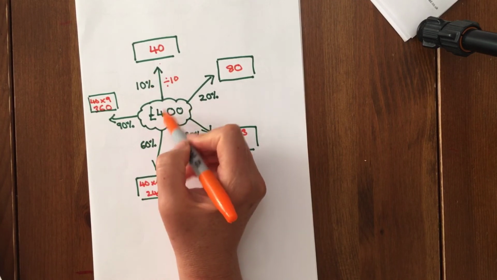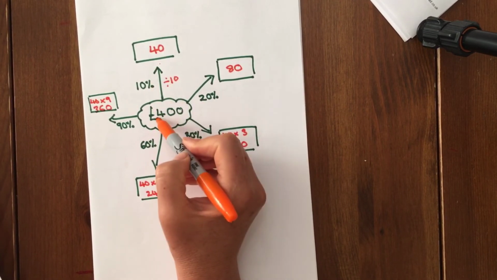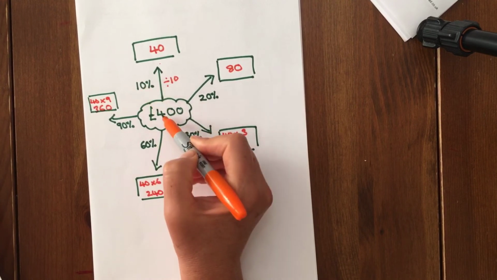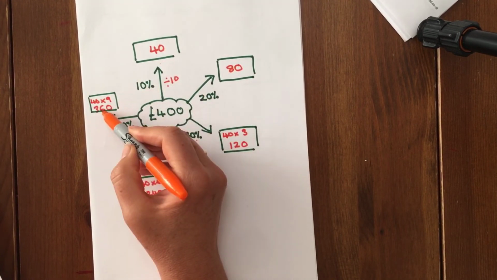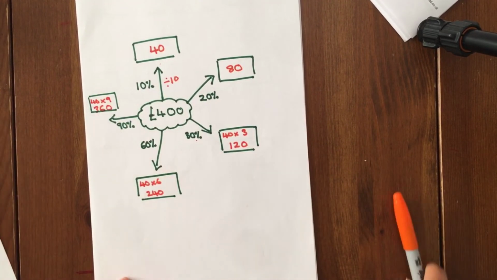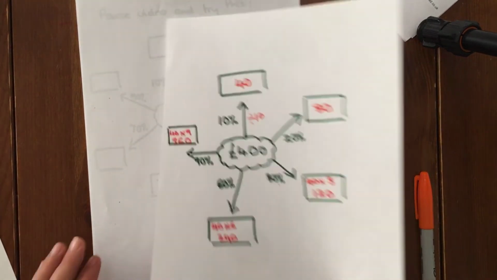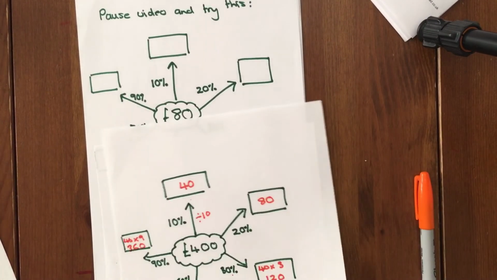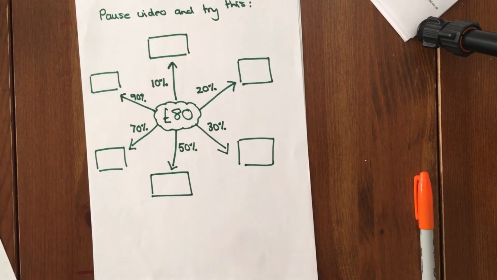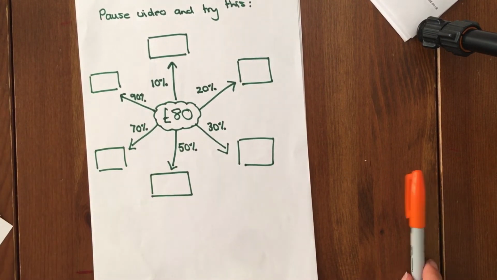So 400 take away 40, 100% take away 10%, 400 take away 40 is 360. There's lots of different ways of doing this. Right, you're going to have a go now. Okay, you're going to draw this into your books. You're going to have a go at filling in the blanks, please. So pause the video, try this one, and I'll go through the answers.